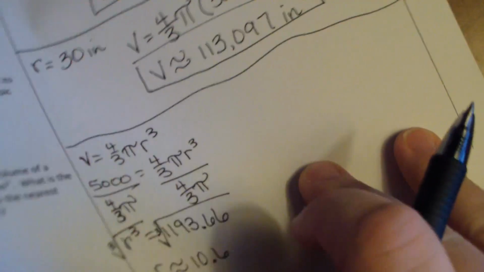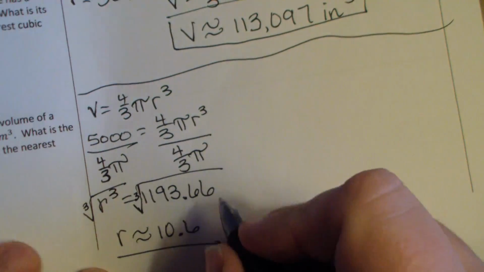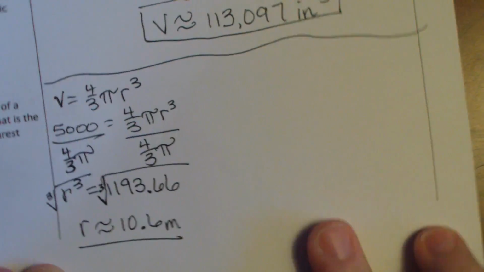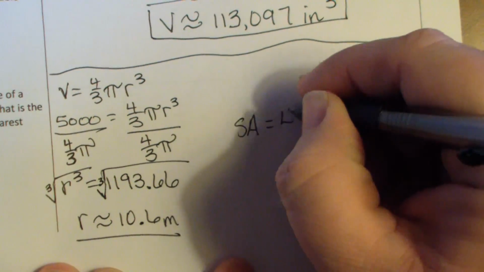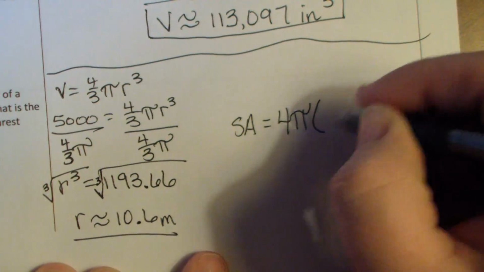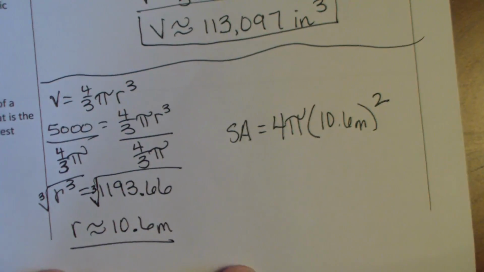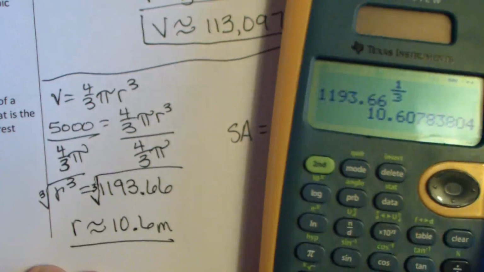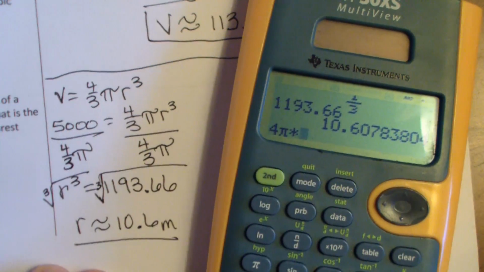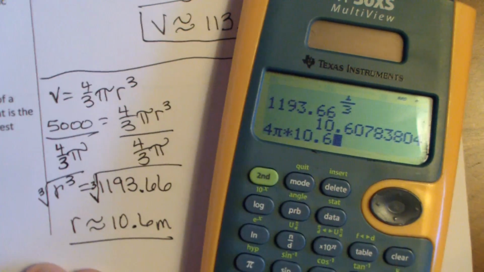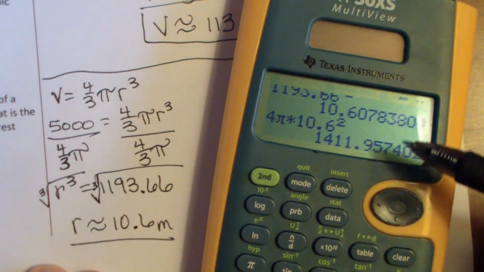All right, so we know our radius is 10.6 meters. Now we're going to take that and plug it into our formula for surface area, which was 4 pi r squared. So 4 pi, 10.6 meters squared, to the nearest square meter. 4 pi times 10.6 squared is 1411.95.